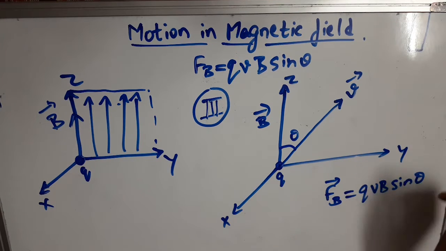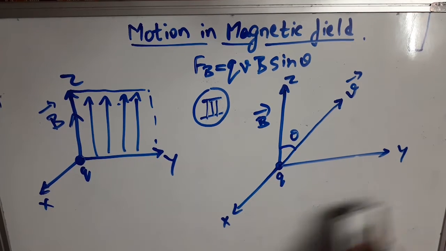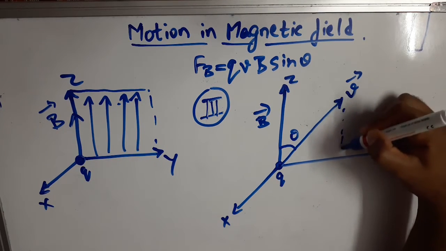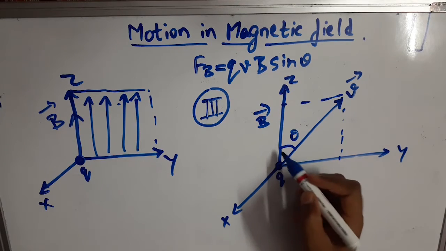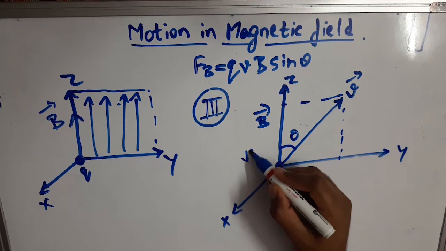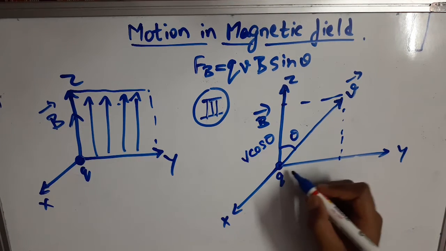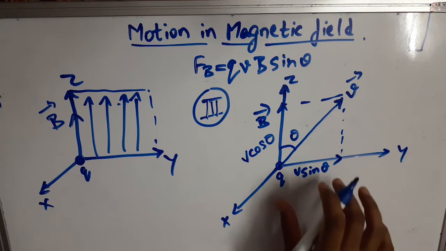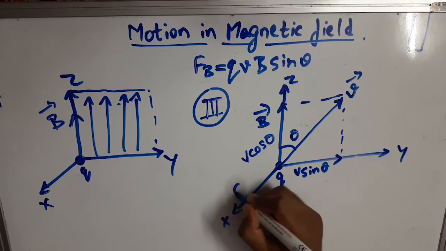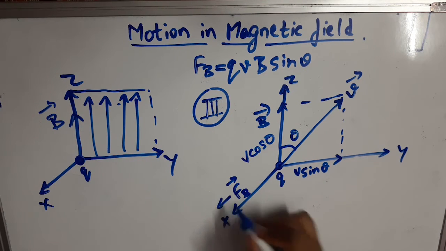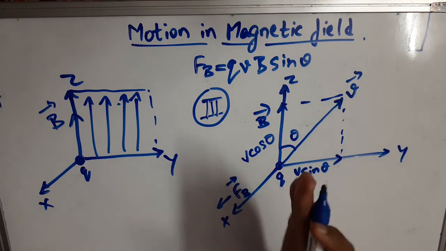To solve this dilemma, we are going to resolve the velocity vector into its components. As I discussed earlier, since theta is taken with this axis, this component would be v cos theta, the cos component, and this component would be v sin theta, the sine component. Now since we have defined this, and we know that the magnetic force is in this direction, we have three forces acting on it.